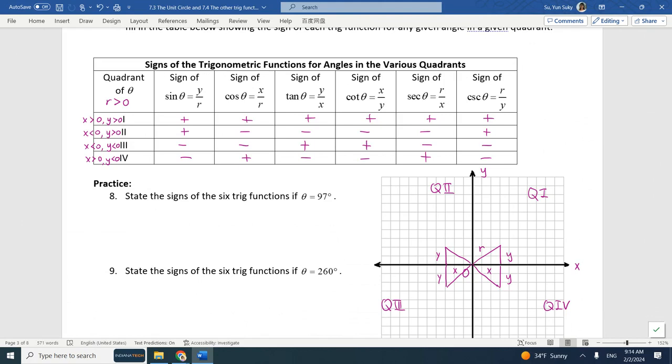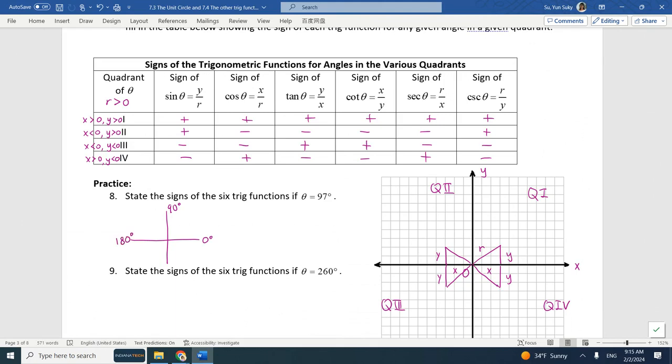Number 8. State the sign of the 6 trig functions if theta is 97 degrees. Okay, now 97 degrees, which quadrant? 2, because that's 0. That's 90 degrees. That is 180.